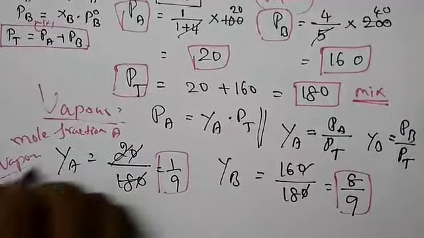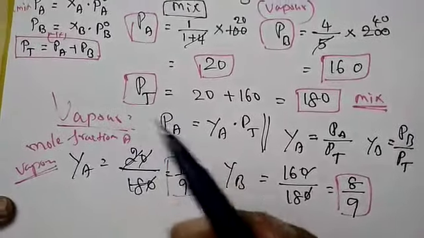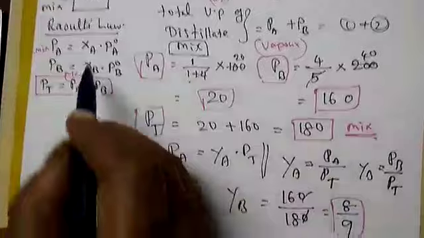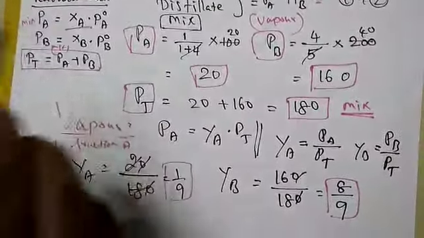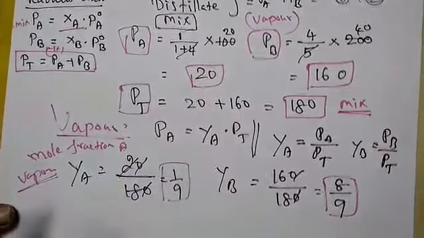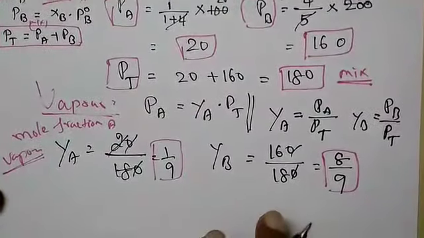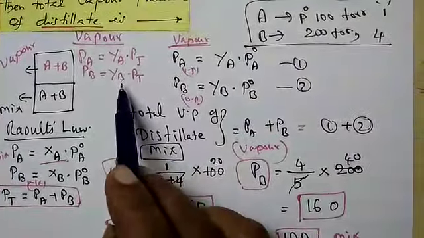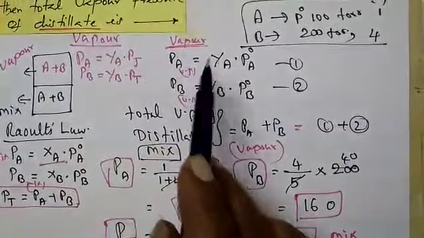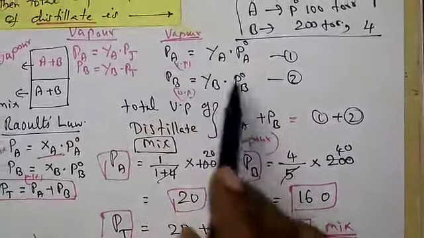Usually the mole fraction is given as X. In the mixture it is XA and XB; in the vapor it is YA and YB. That is the difference. So YA and YB are ready with the formula. Now we have to calculate for the vapor condition.